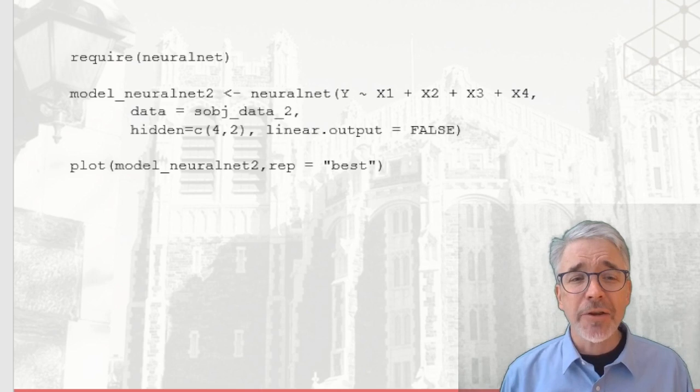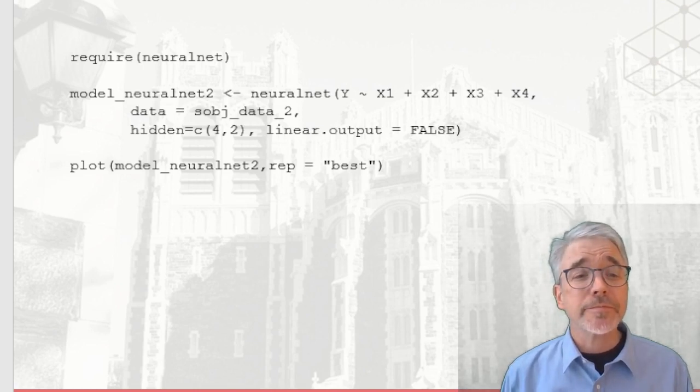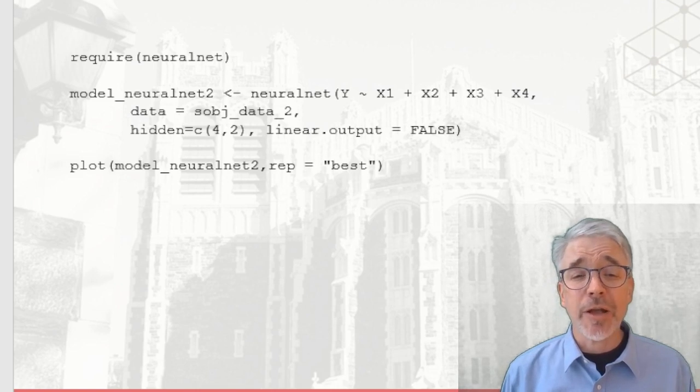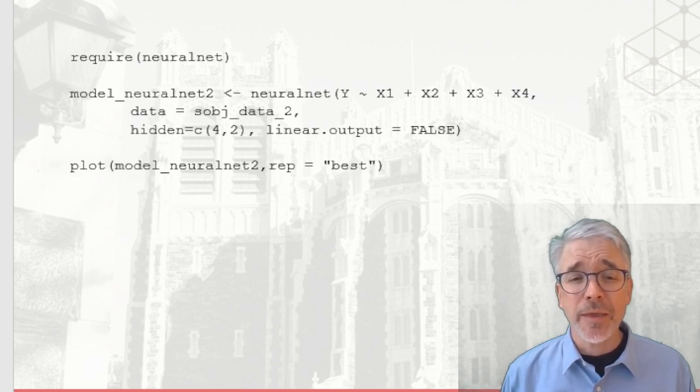They've got to be standardized properly. You tell it which data set to use. For me and my little laptop, I had to keep that pretty small. Then the hidden piece command tells it how many layers and nodes. This example uses 4 nodes in the first hidden layer and 2 in the second hidden layer. The output provides a picture of the nodes it estimated.